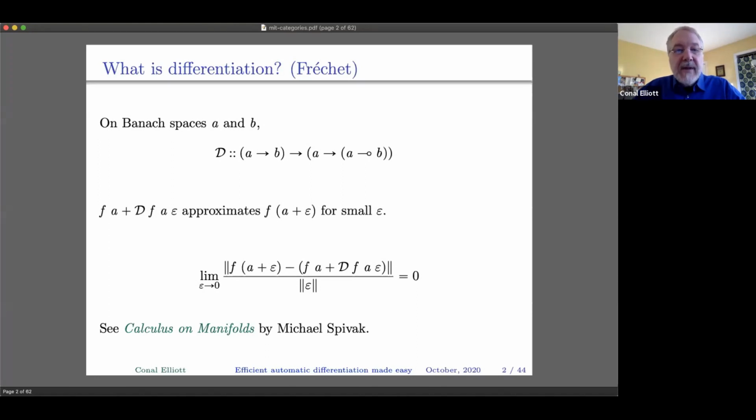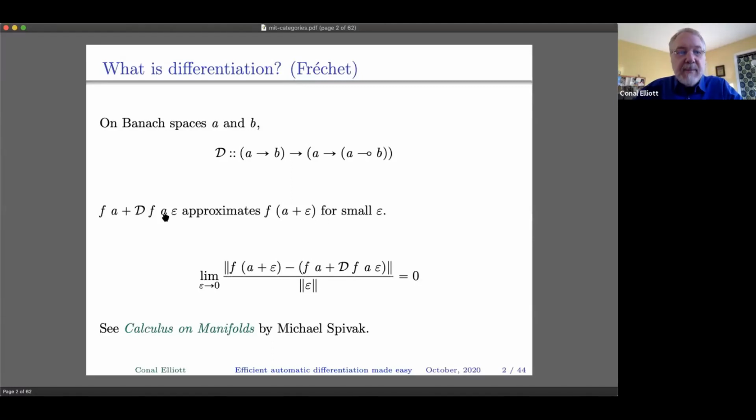That's what they're for. And so we can differentiate a function, and what does it give us? It gives us a local linear approximation. It shows how the function is changing linearly around a point A in its domain. So more precisely, f of A plus the derivative of f at A, that's the linear map, evaluated at epsilon.